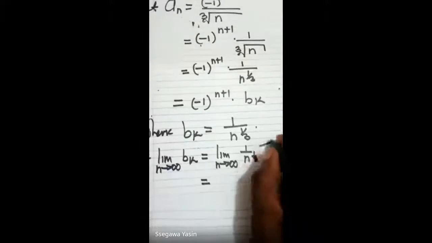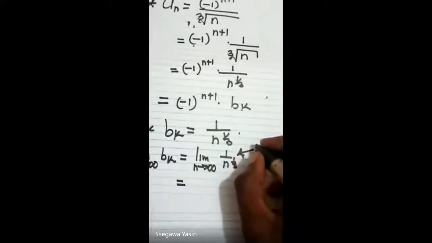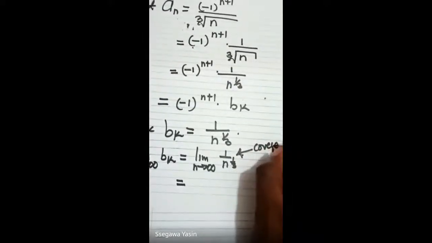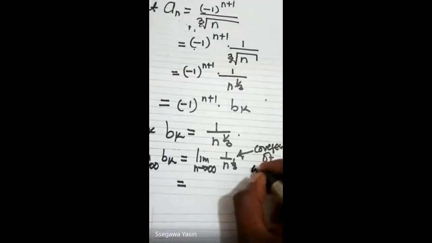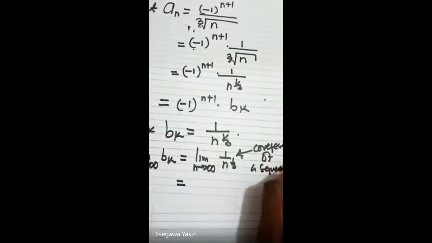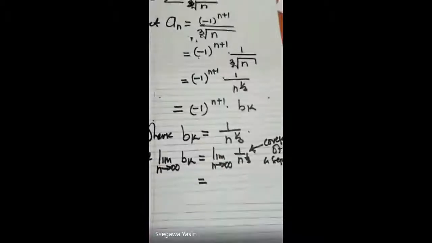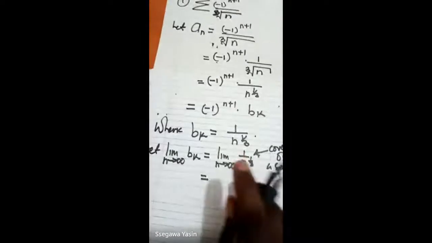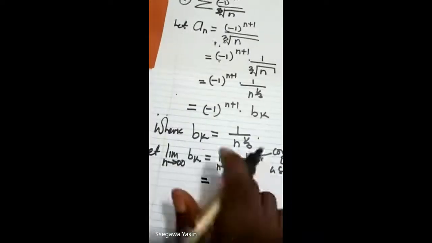Remember, we said we are determining convergence of a sequence. What is the answer? It will be divergent because the power is less than 1 if we are to use the P-series test. No, this is not a series, this is a sequence.